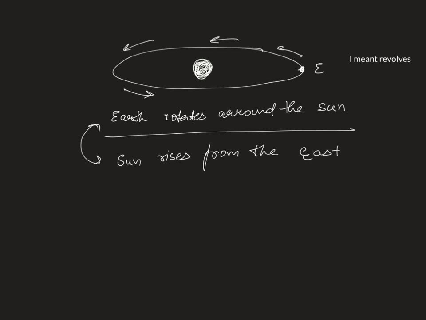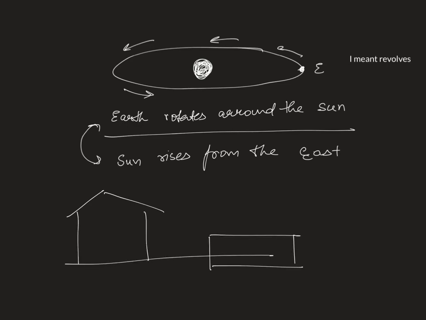So let's say this is a platform, and there is a train coming. There is an observer on the platform, and the observer will say which train is arriving.